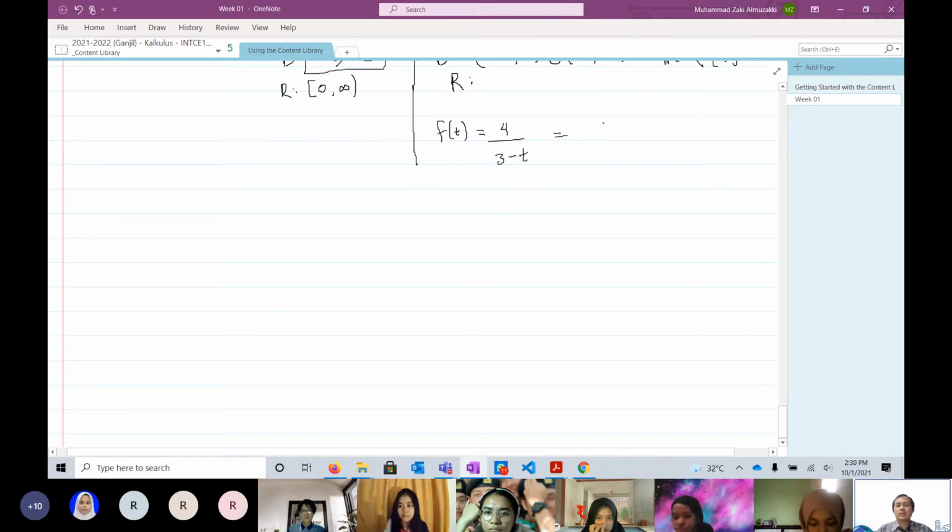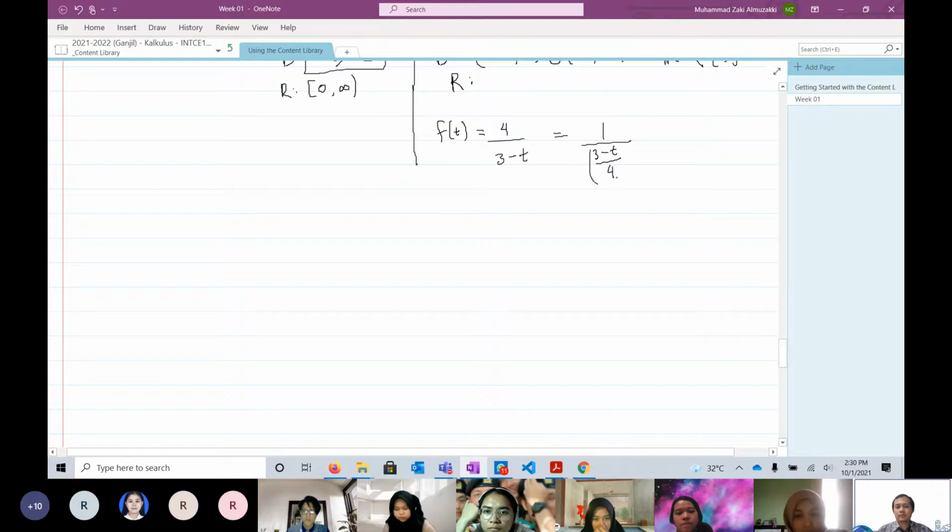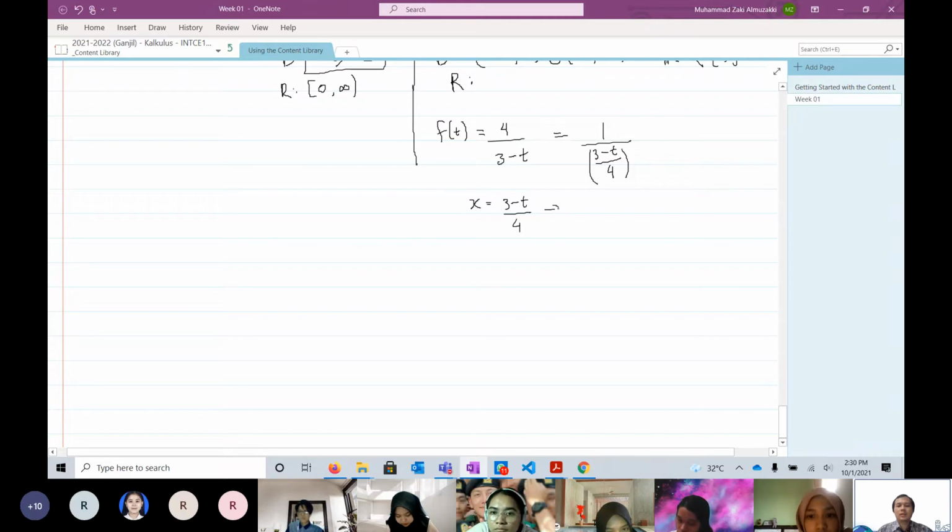We can see it like this, 1 over (3 minus t) over 4. So let's say x equals (3 minus t) over 4. Then it will look similar to 1 over x.